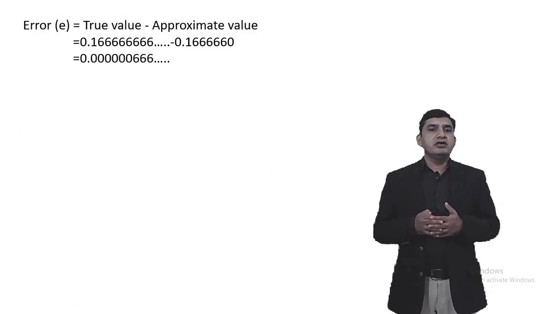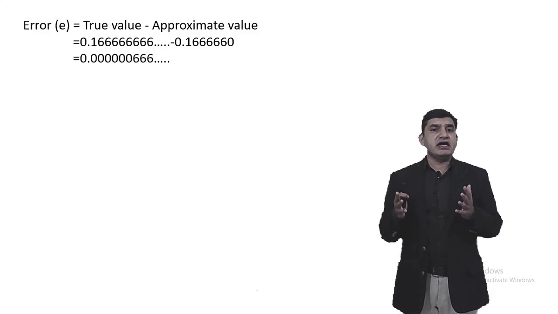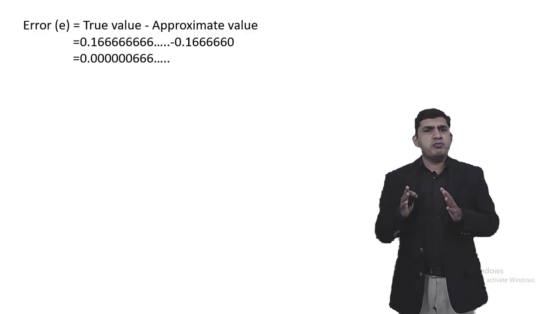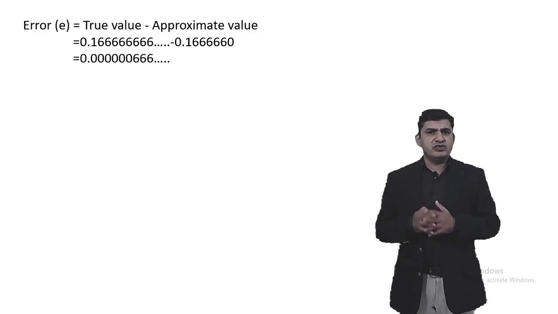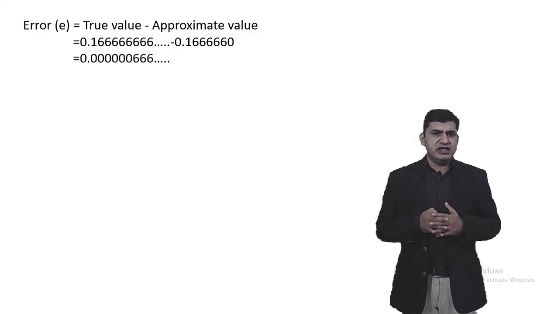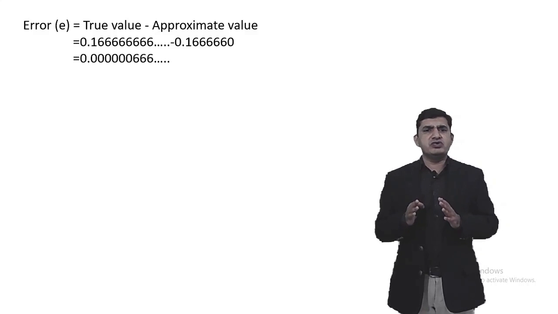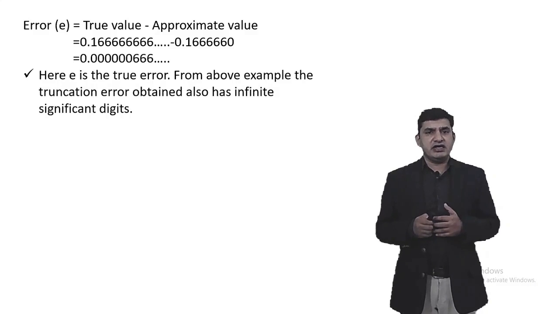Now error is equal to true value minus approximate value. True value is 0.166666 and so on, minus 0.166660, and so we get the error 0.0000666. So this is the error.